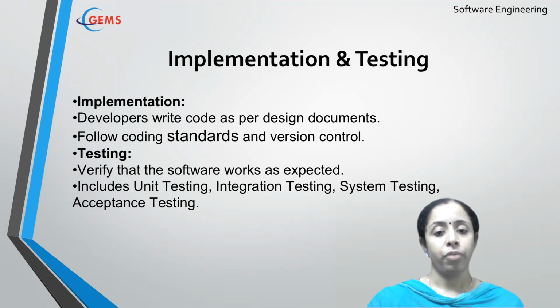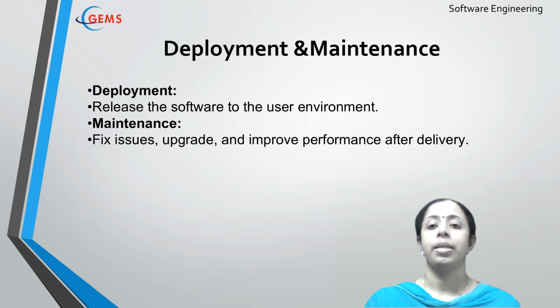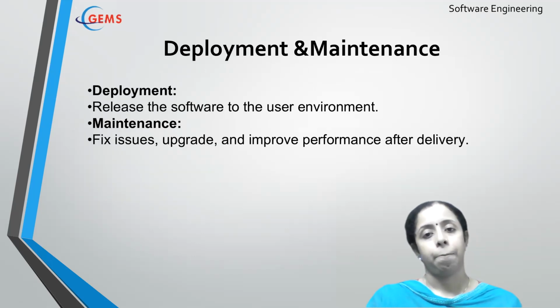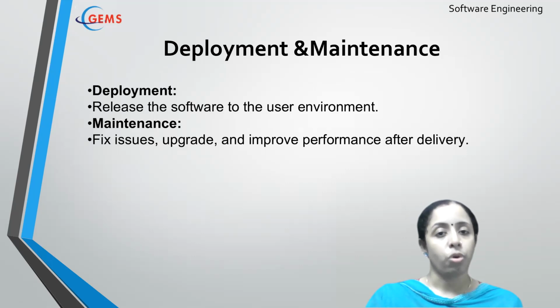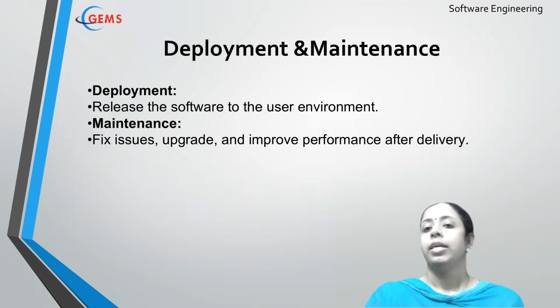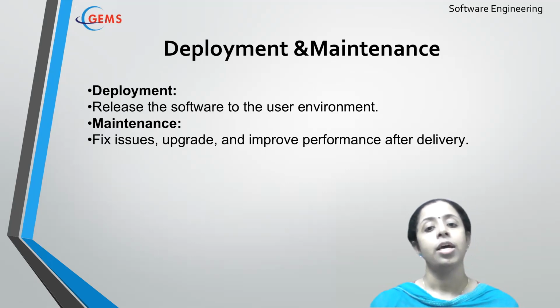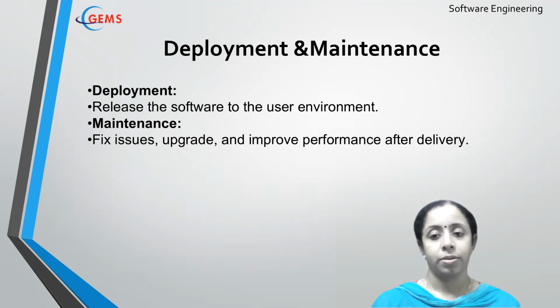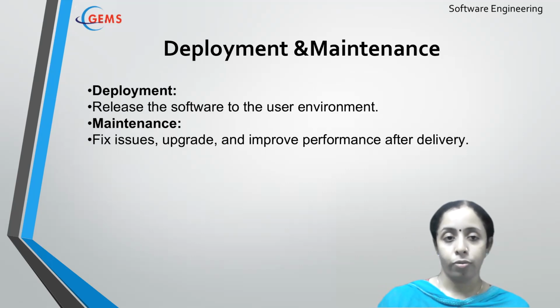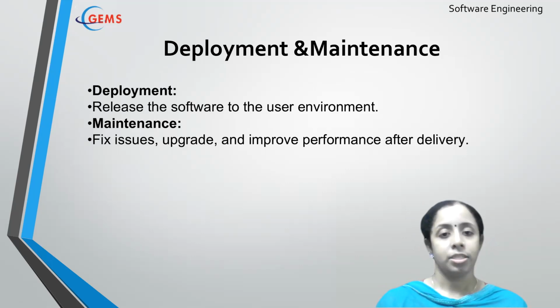Then the next phase, the last phase, is deployment and maintenance. The final stage of a software development lifecycle is deployment and maintenance. What is deployment? It is the release of the software to the user environment. As we know, once the whole process is completed, the product will be released to the customer.